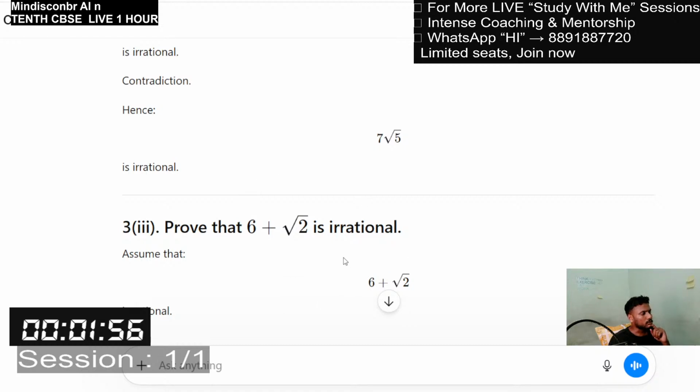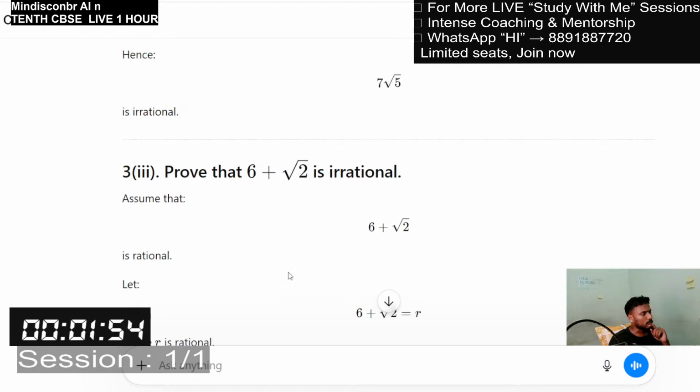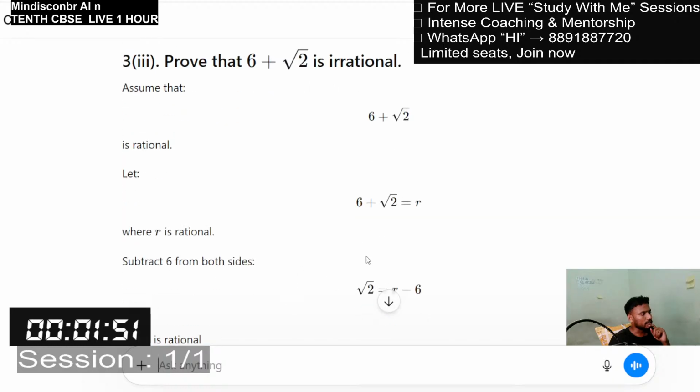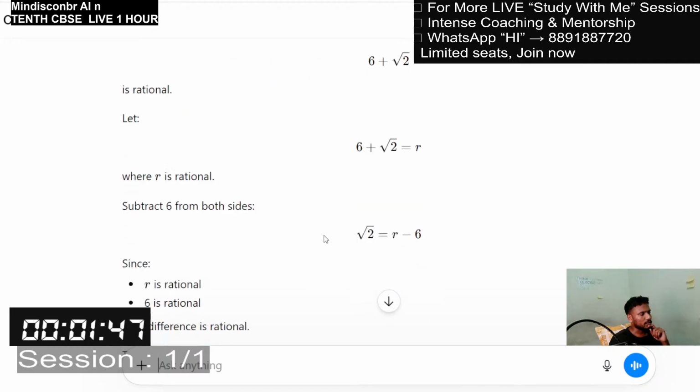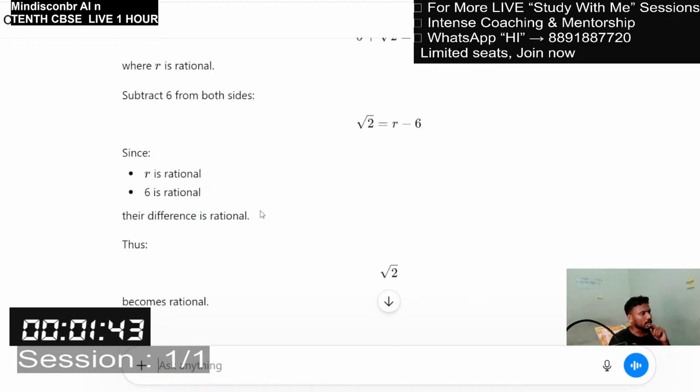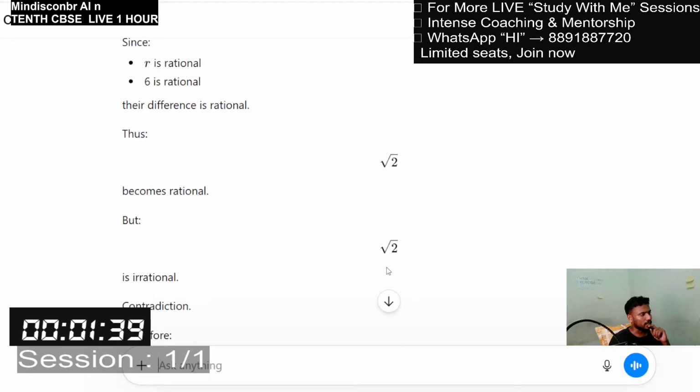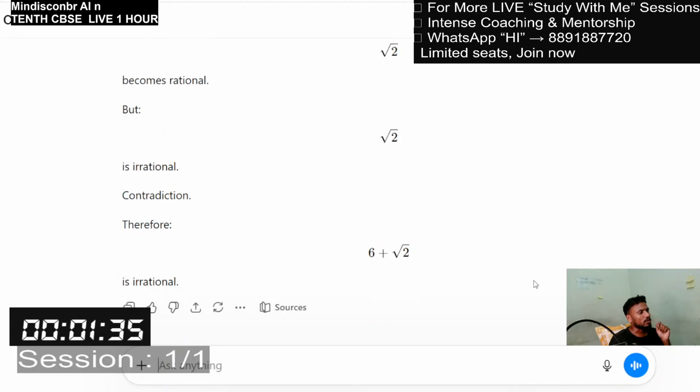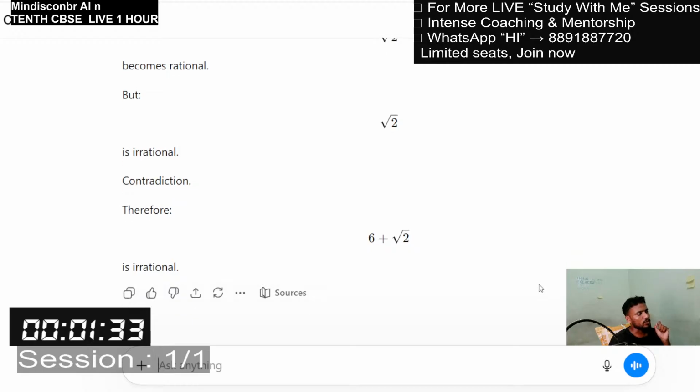Prove that 6 plus root 2 is irrational. Assume that 6 plus root 2 is rational. Let 6 plus root 2 be equal to R, where R is rational. Subtract 6 from both sides. Root 2 is equal to R minus 6. Since R is rational, 6 is rational, their difference is rational. Thus root 2 becomes rational. But root 2 is irrational. Contradiction. Therefore 6 plus root 2 is irrational.